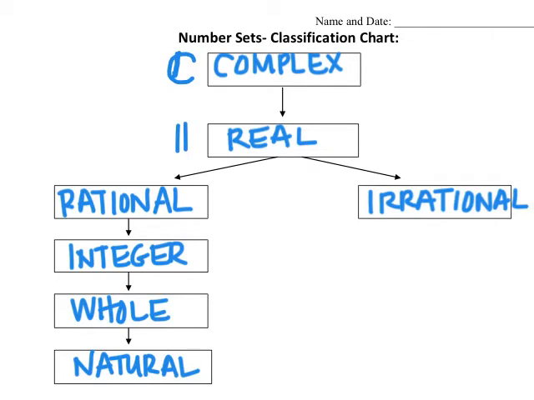Real numbers are designated with this symbol here. Rational numbers are designated with a letter Q, but it kind of has this other little line in it, sort of like the C for the complex numbers. Everything has kind of a double line in it. Integer is going to be represented with a second line on the Z. Z represents the integer set.